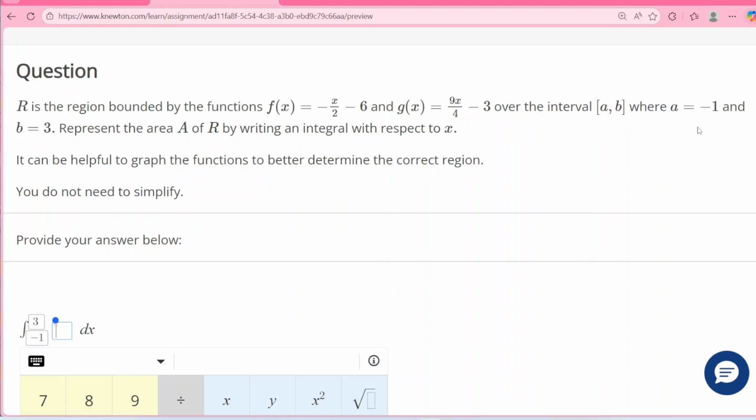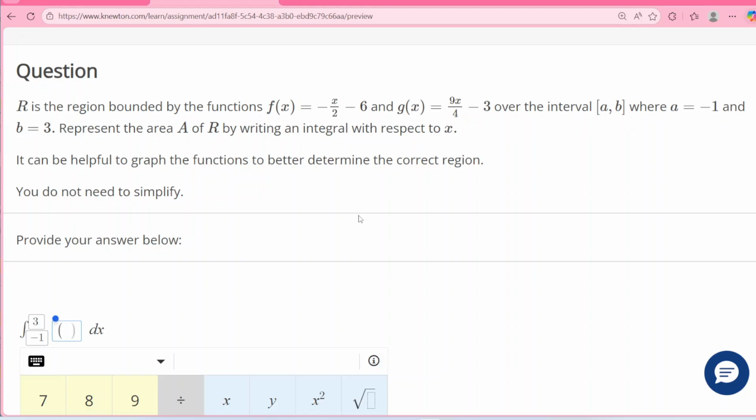Now, at negative 1, this value of f would be negative 5.5. The value of g would be 9 fourths minus negative 5 fourths. So f is lower. So it would be g minus f.